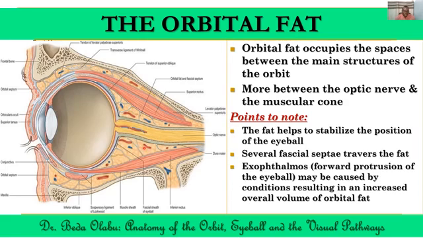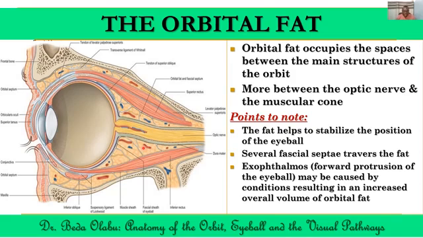If there was a pathology that causes an increase in the volume of intraorbital fat, such pathology will force the eyeball to be pushed out a bit, and that's what we call exophthalmos. This condition is commonly seen in people with hyperthyroidism.